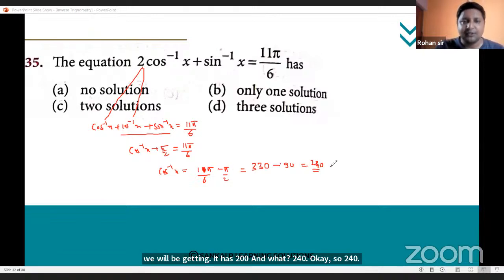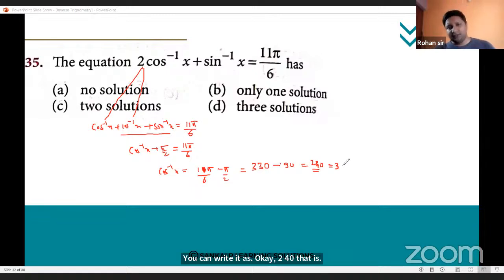This 240, you can write it as 60 into 4, so 4 pi by 3.